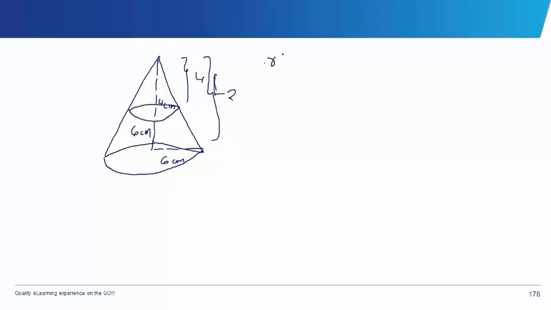Since we have small r to be equal to 4 centimeters, and then we have big R to be equal to 6 cm, and then the small edge here is equal to X. Okay, let me say it's equal to L1, and then the big edge from this point is equal to L2.